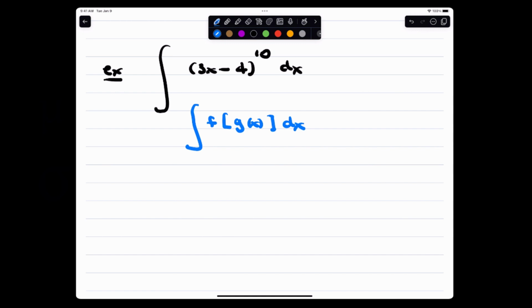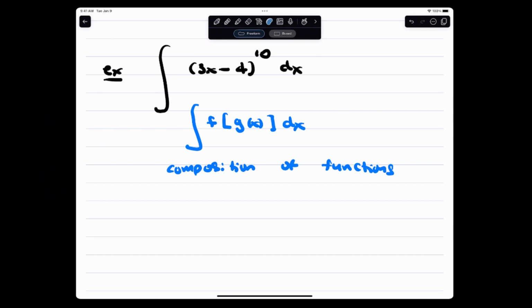That's what this is, a composition of functions, just like you had in chain rule. You had differentiation of composition of functions.